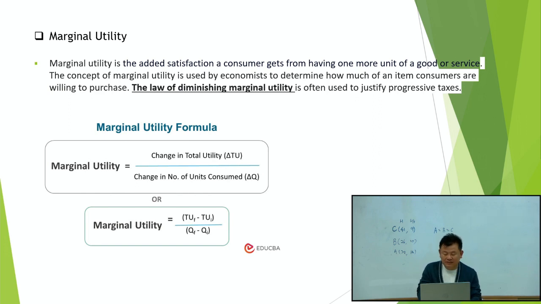A little bit complex, but I will just briefly review this one. The marginal utility is the added satisfaction a consumer gets from having one more unit of a good or service. Let's say there are 5 apples, and I ate them one by one.